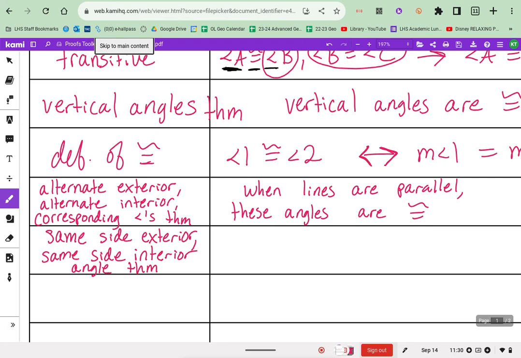All right, and these theorems say that when lines are parallel, these angles are supplementary.